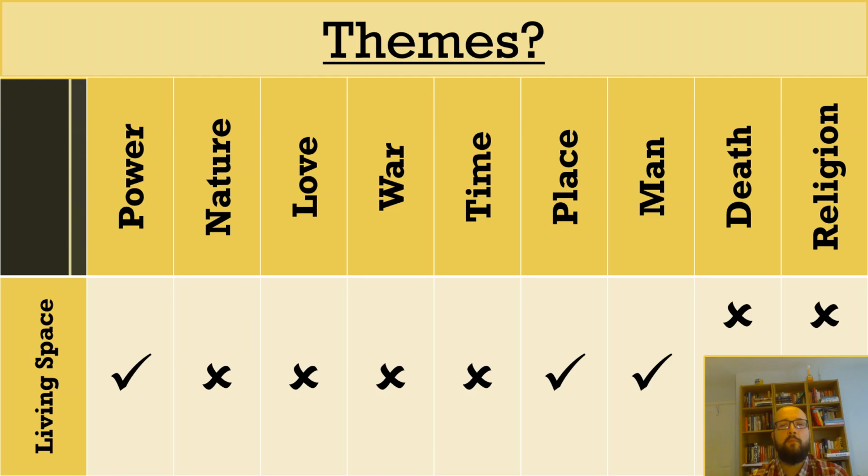It's about how people live because of, or in spite of, the conditions that they are placed in. Speaking of people, this poem is also related to the theme of man, but I don't really see it as being a poem about death or religion, really, although I could be convinced otherwise.